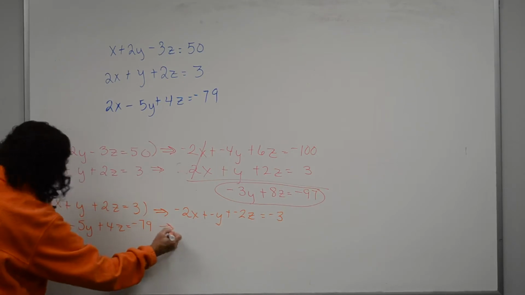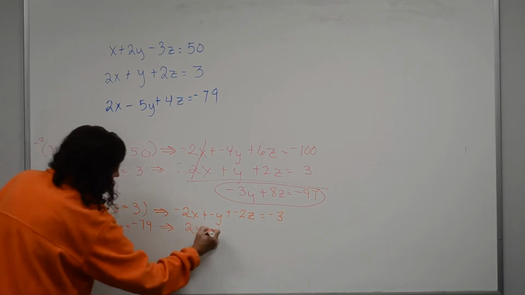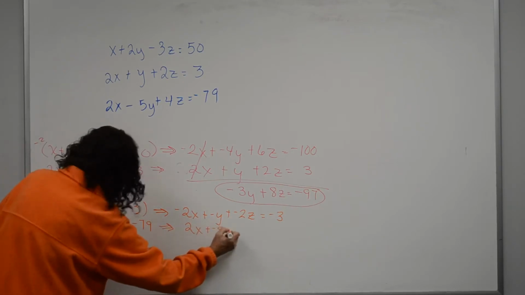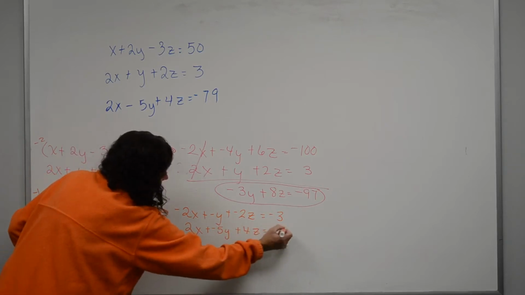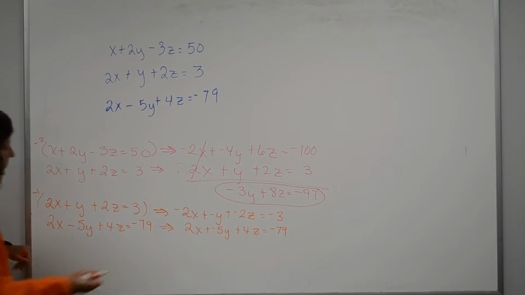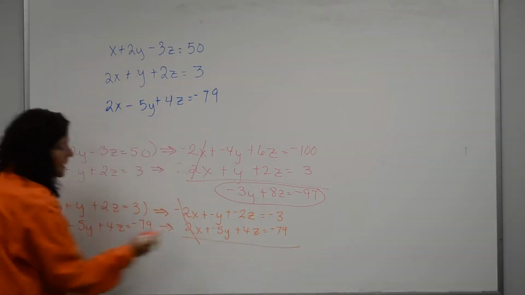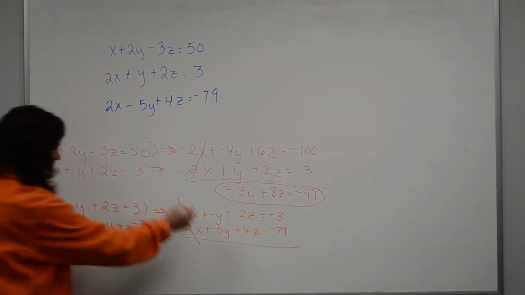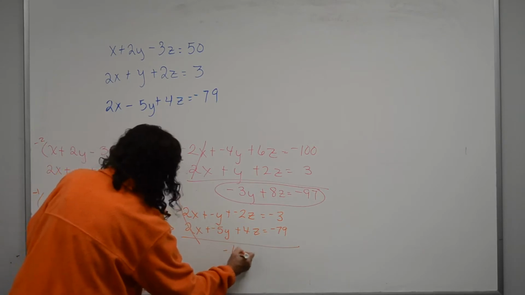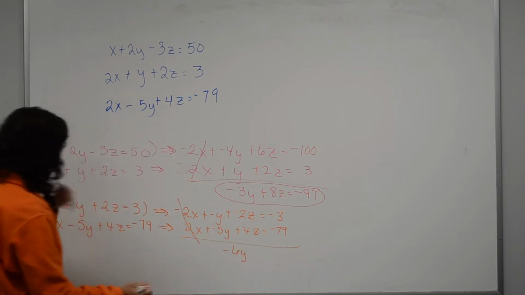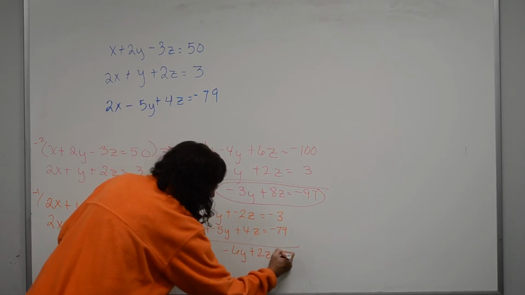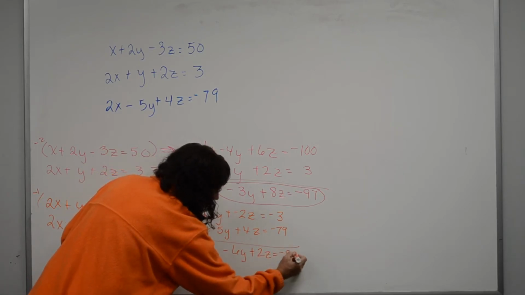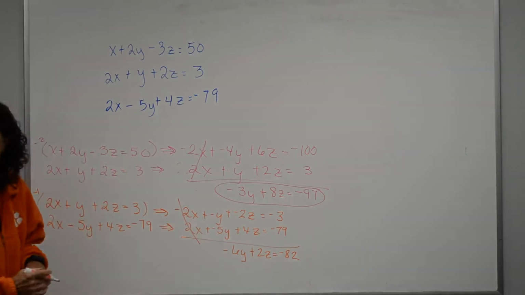This one I'm just going to bring over. 2x plus -5y plus 4z equals -79. That eliminates, right? This is a negative 6y. This becomes a positive 2z, and this becomes a negative 82. With me?